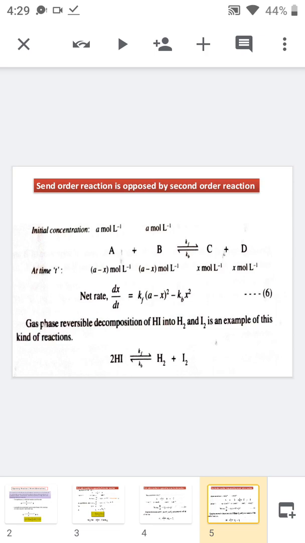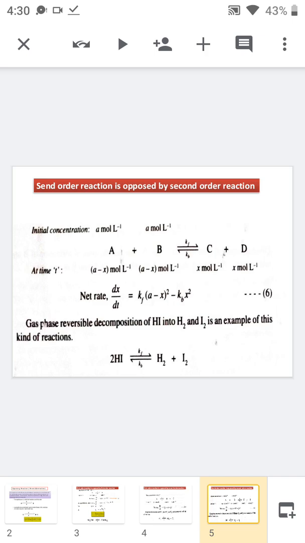After a time interval t, the concentration is reduced to A minus X. And the rate expression for the backward reaction is Kb into concentration of X whole square. So if we combine the forward and backward reaction, we get dx by dt is equal to Kf into (A minus X) whole square minus Kb into X square. So this is the rate expression.